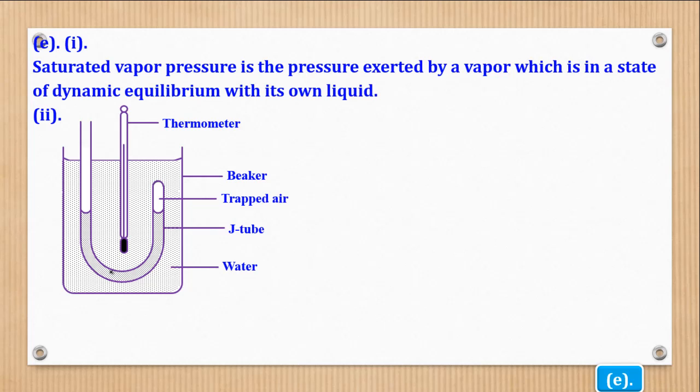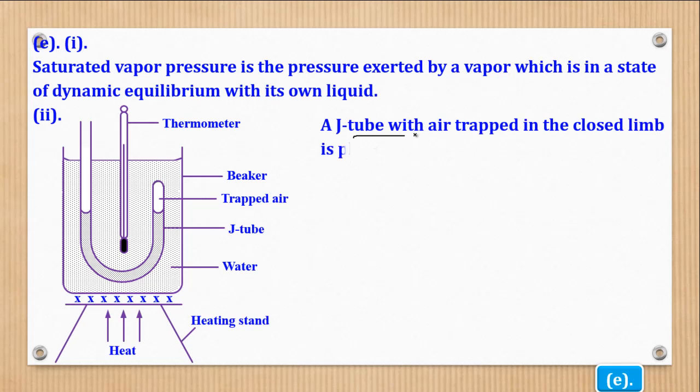Then trapped air. There is a heating element. So a jet tube with air trapped in the closed limb is placed in a water bath in a beaker.